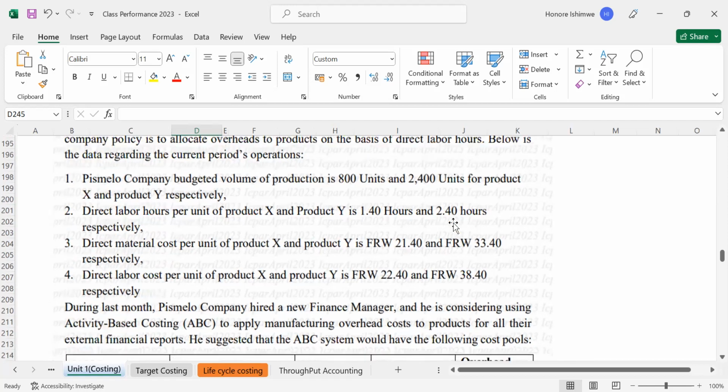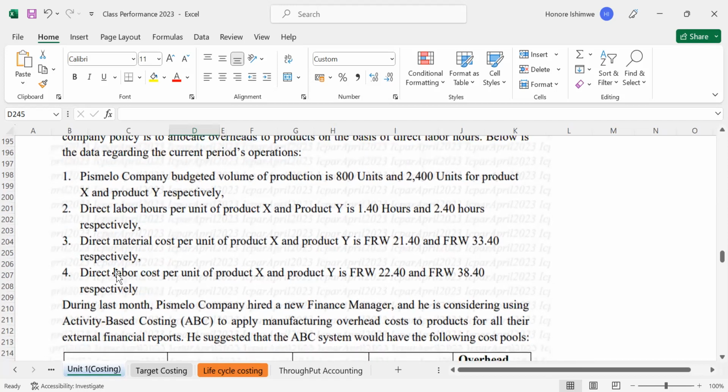So what will be the direct cost per unit? They are saying the direct labor cost is per unit, not per hour. If it were per hour, we could call it a direct labor rate, and we should multiply it by the number of hours. But here it is direct labor cost per unit, so we need to multiply by the number of units produced.